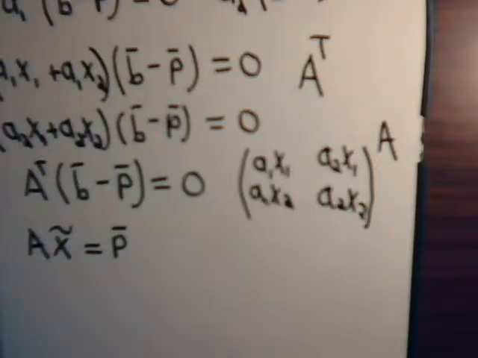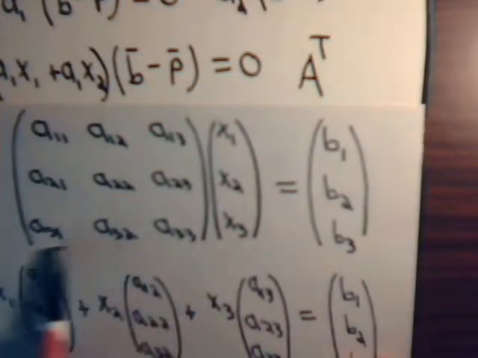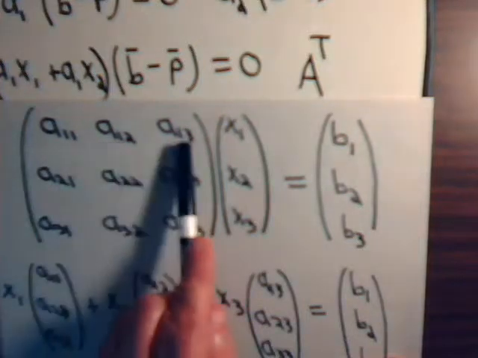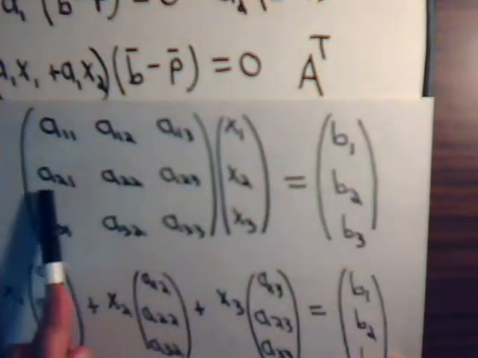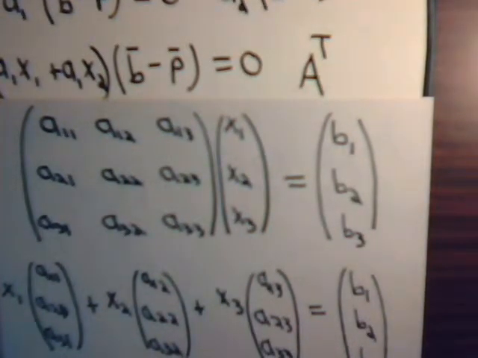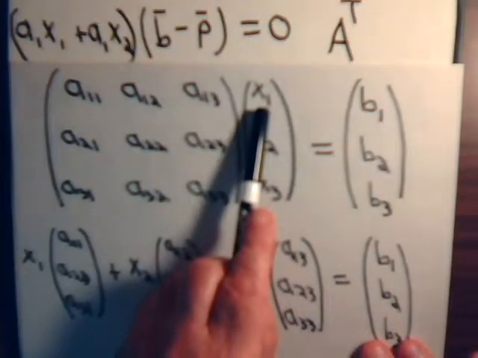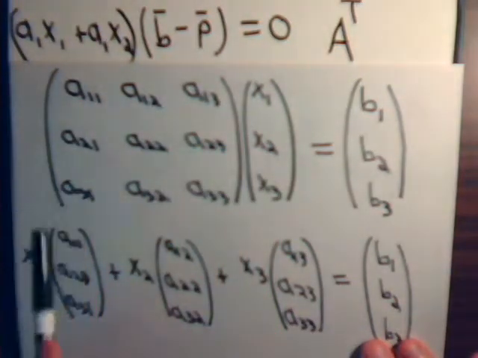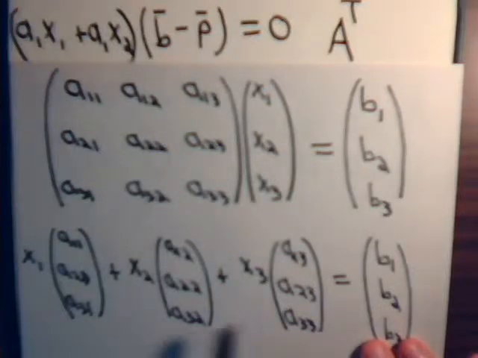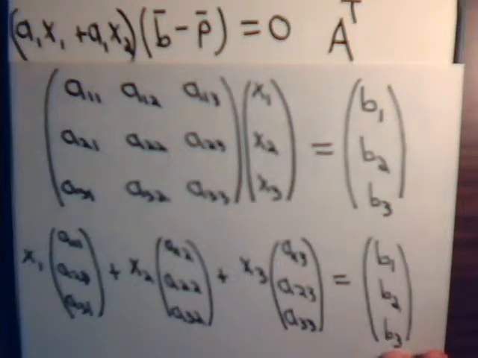Remember, when we're multiplying matrices, this would be matrix A times vector X gives a vector B. Of course, remember how we multiply. We go across and down and add up to get that component, and keep going like that. Or the other way of thinking of multiplication, which we talked about back in video 7a, is that it's the same thing as the first component times the first column vector plus the second component times the second column vector plus the third component times the third column vector equals this.